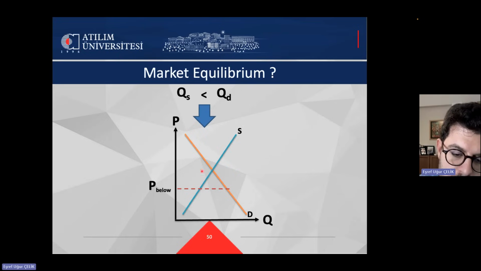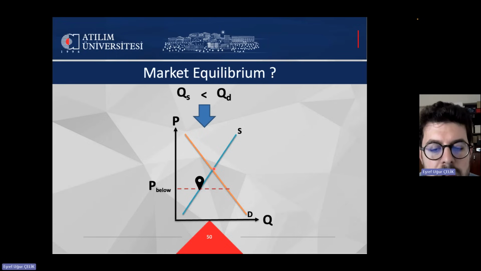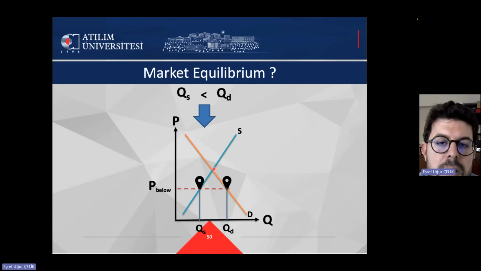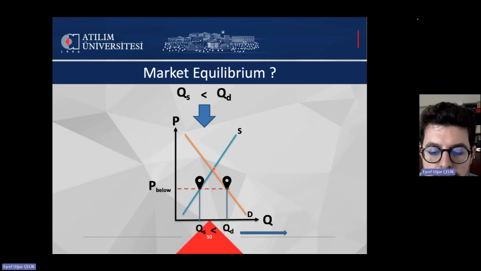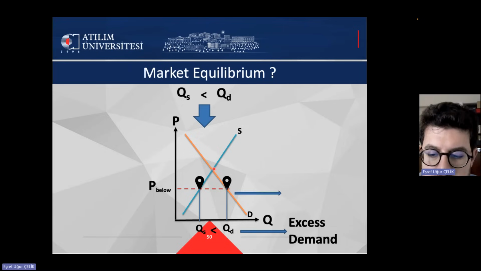When the authority determines the price below the equilibrium price, we see that the quantity demanded is greater than the quantity supplied. That is called shortage or excess demand, okay?